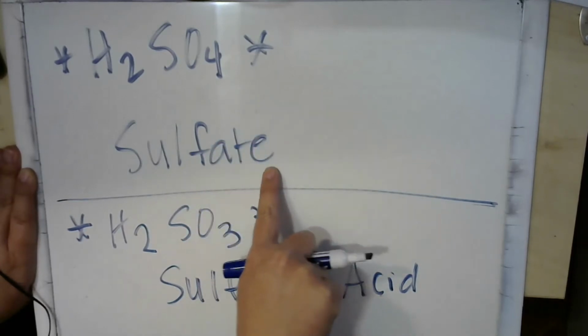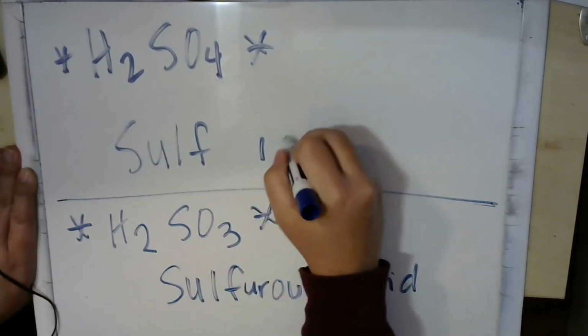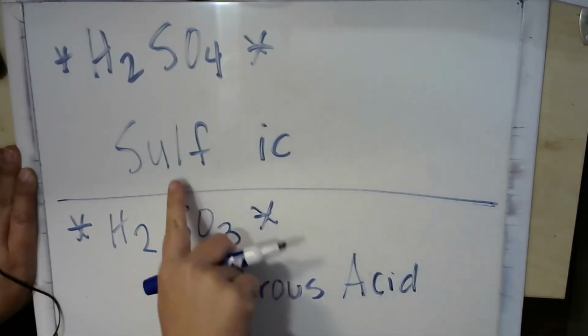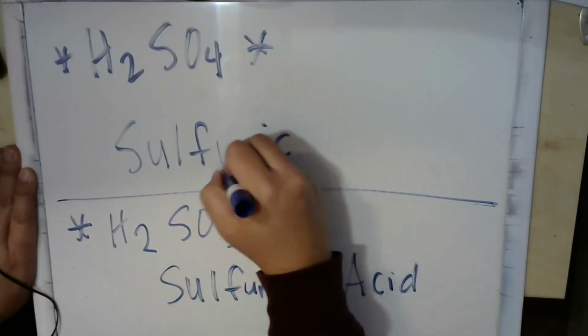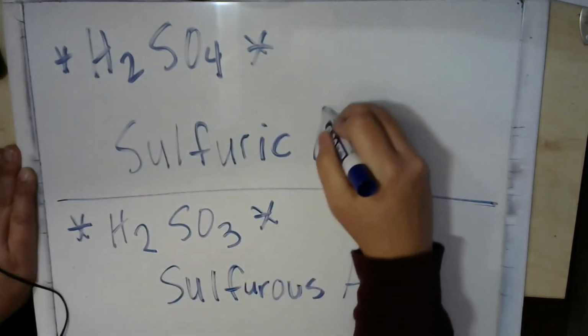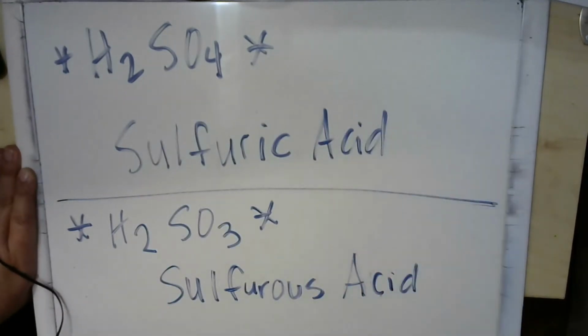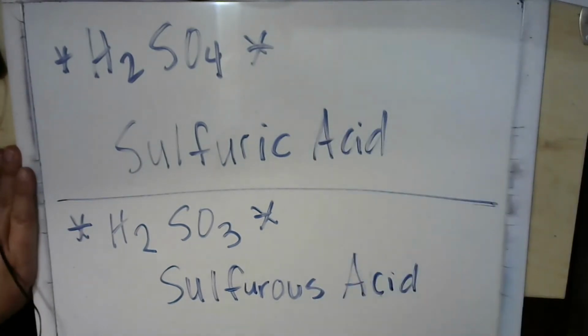You know that the ATE has to change into an IC. Okay, but we don't leave it as sulfic acid. We keep the whole name of the element that makes it up, sulfuric acid. These are the only two scenarios where you will run into this at this stage for this course. Okay, so just keep those two exceptions in your head.